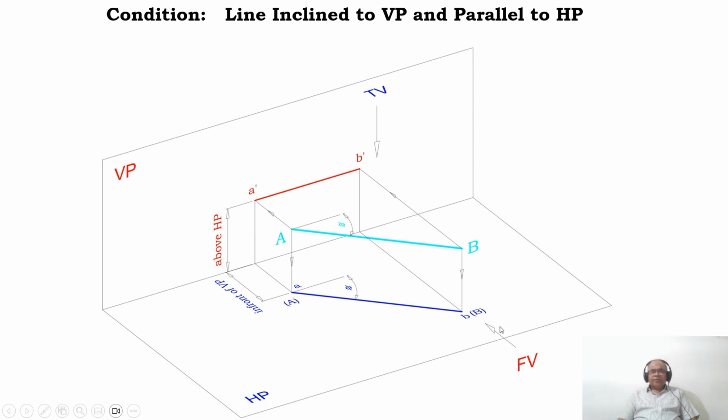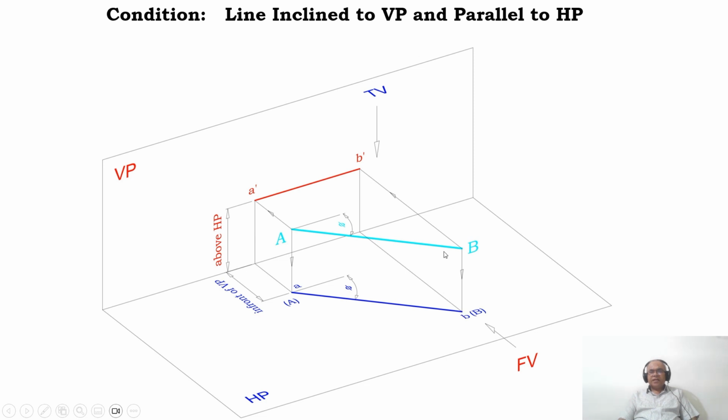Now, when you look from the front view, the 2 endpoints are equidistant from the horizontal plane, so the line is parallel to HP. Since it is parallel to HP, I can see the true length in the horizontal plane. When you look from the top view, you can see AB. Whatever the distance is here, the same distance is here.